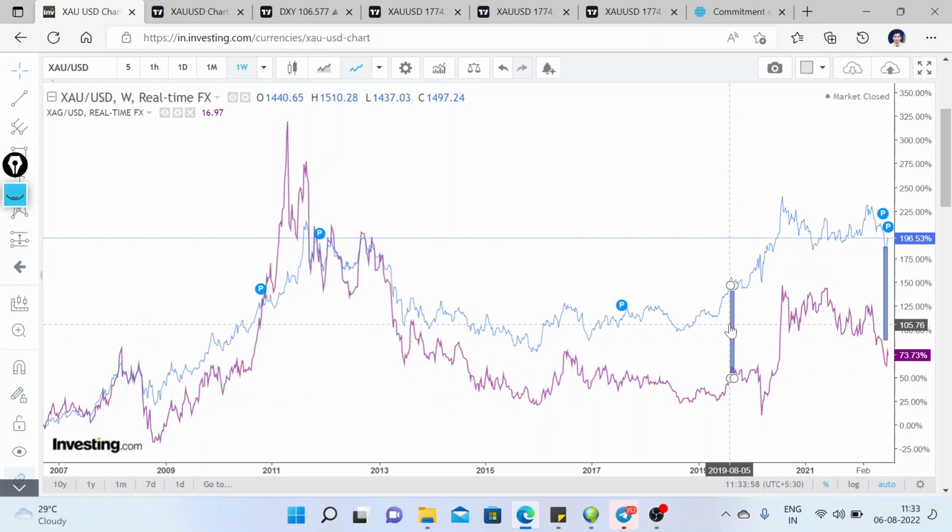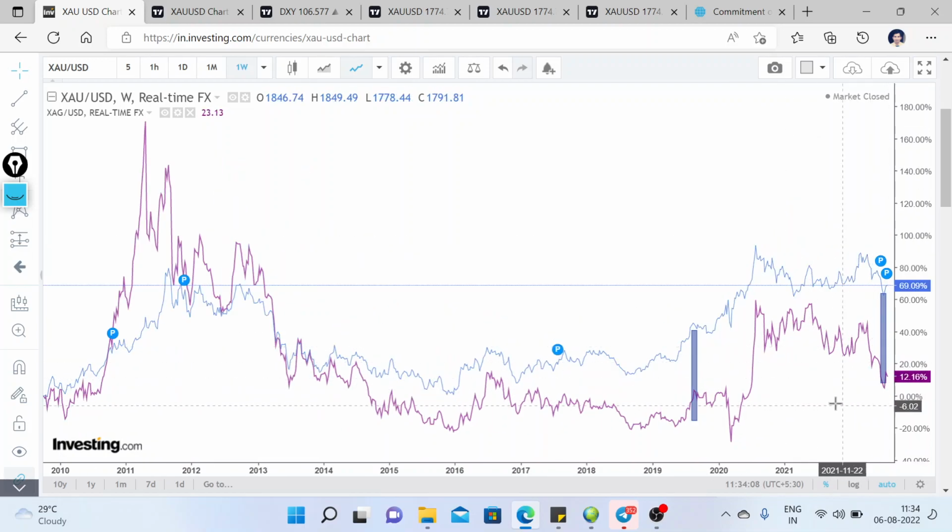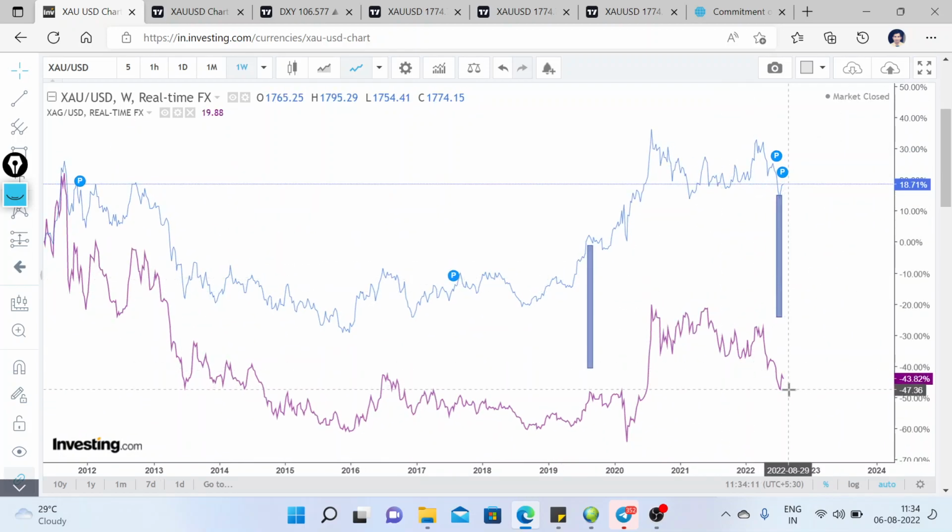In the previous scenario, we saw that silver did well and went up, minimizing this divergence, and the same is happening this time also. So we can expect a further rise in silver, but if silver is not going to rise, then we can have some decline in the gold chart. So this is for silver traders, because silver is doing better, I think, compared to gold.